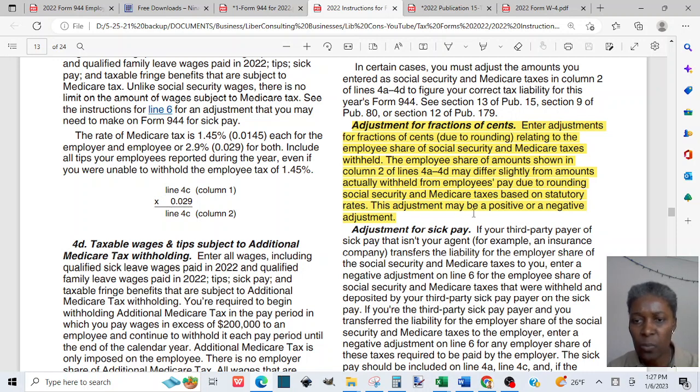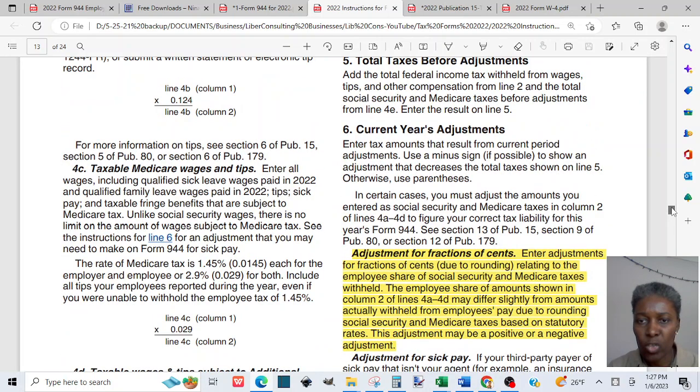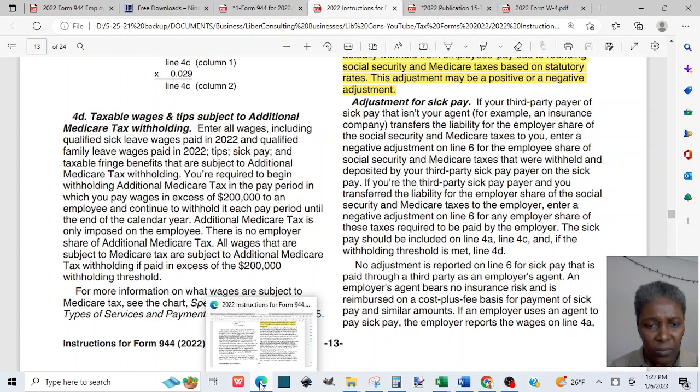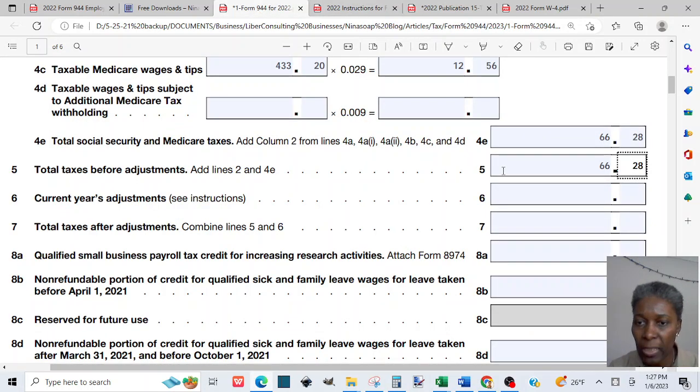The adjustment may be a positive or a negative number. There are some other adjustments, so you can read the whole line 6 to see what applies to you. If it does not, you just leave it alone and continue. So we leave it blank because we don't have any.